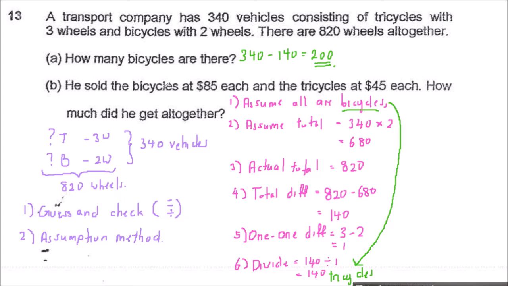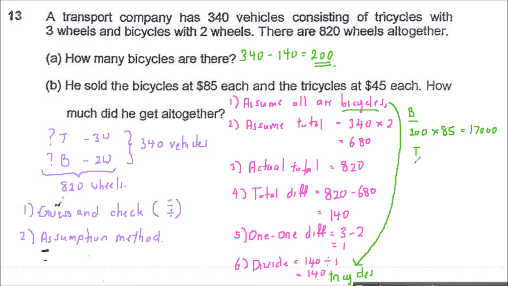So he sold the bicycle at $85 each and the tricycle at $45 each. So how much did he get altogether? So guys, now it's easy already. Okay. Sales of bicycle, it will be 200 times 85. Okay, 200 times 85, what do we get? We get 17,000. Okay.